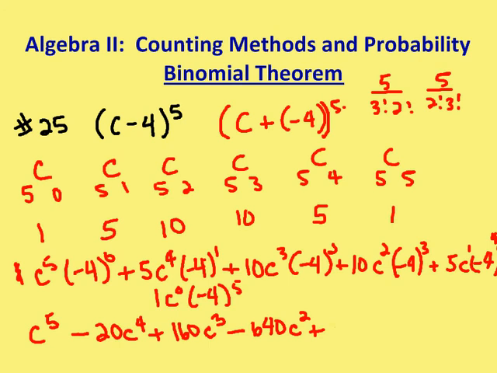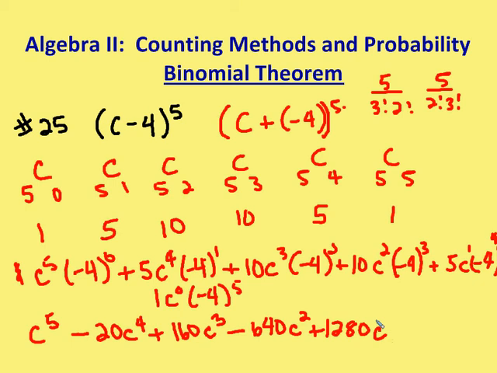Now I have plus again. Negative 4 to the 4th is 4 times 4, which is 16, times 16, which is 256. So I have 256 times 5, and that's a positive number. 256 times 5 gives me 1280 c to the 1.